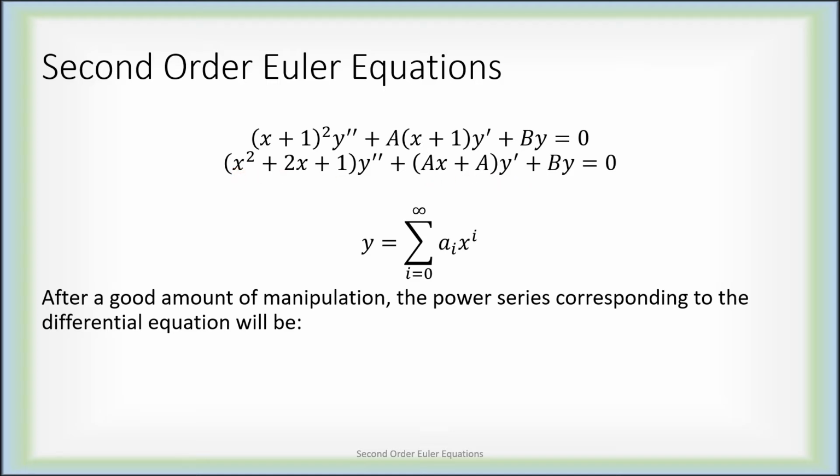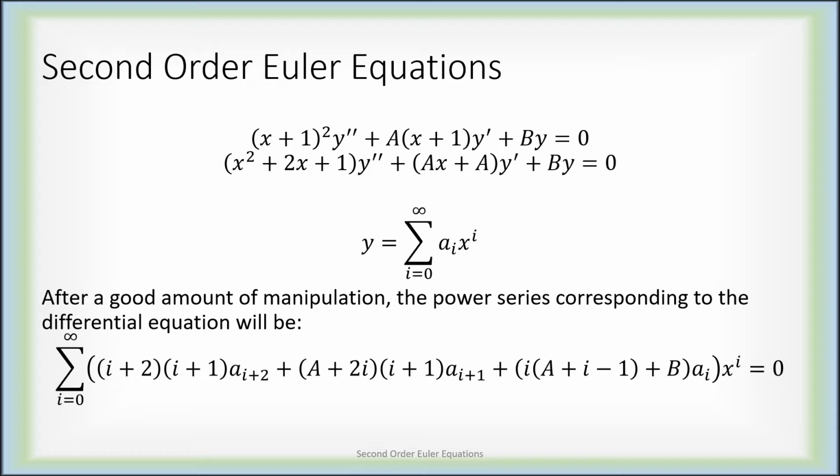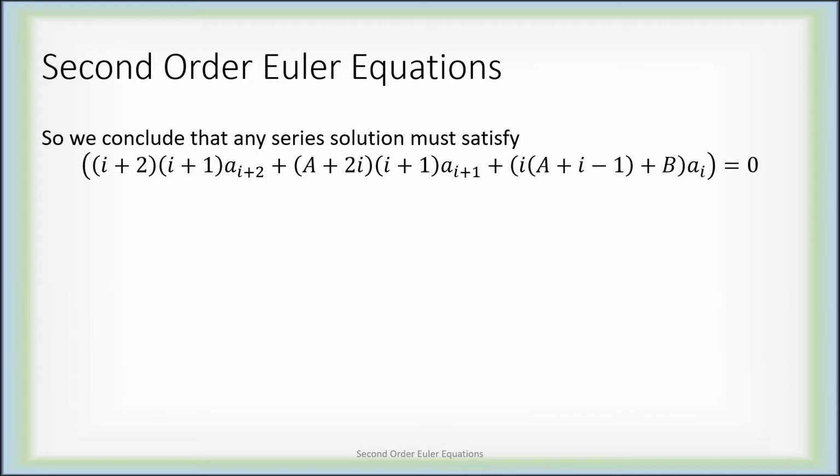So taking all of the techniques that we've learned, we'll end up with this. So here is now one large power series that represents this differential equation, which is set equal to 0. And as we have seen several times now, therefore every coefficient must be equal to 0.